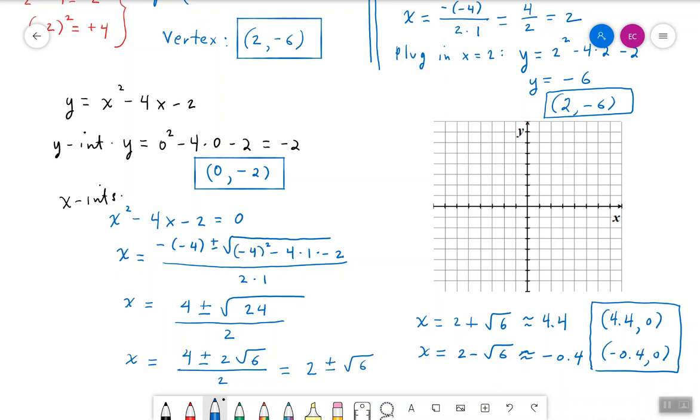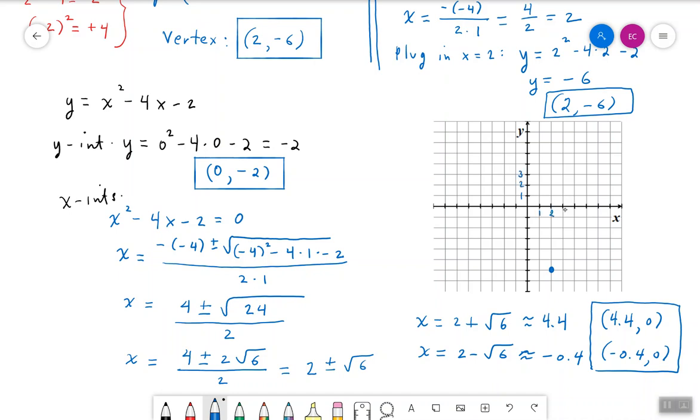Okay, I guess we have everything to go ahead and sketch the graph. Let's go ahead and start with the vertex at 2, negative 6. From the origin, I'll go over 2 to the right and then down 6. There's my vertex. I better go ahead and get a scale.